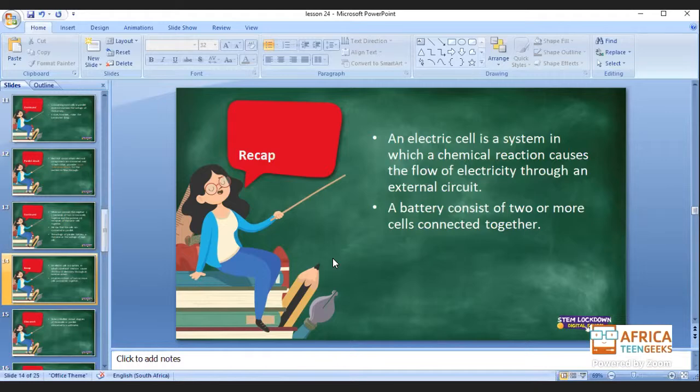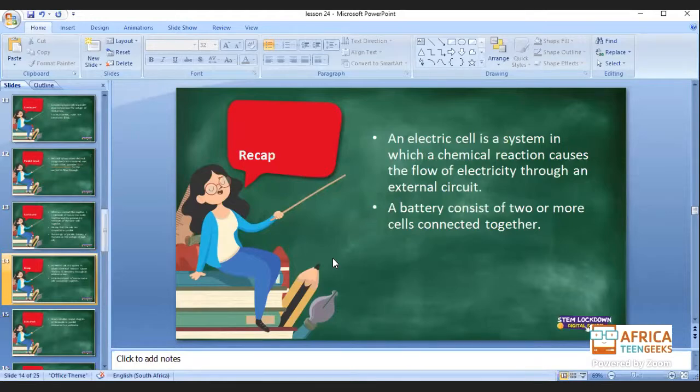An electric cell is a system in which a chemical reaction causes the flow of electricity through an external circuit. Remember, we spoke of the external circuit and the internal circuit last week.